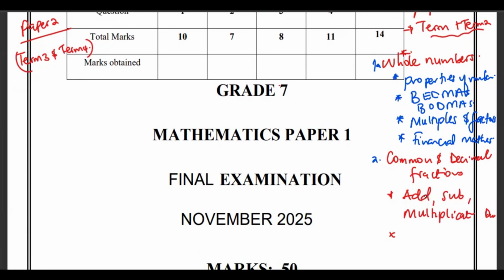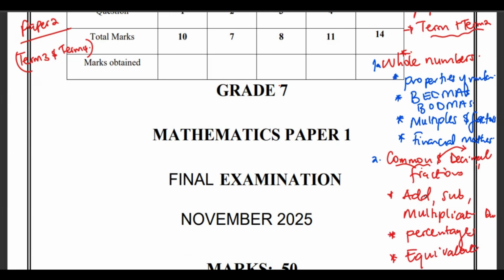You also need to know how to do the conversion, moving from a common fraction to a decimal, and from a decimal to a common fraction. We can also bring in percentages. Besides that, we also have the equivalent forms, equivalent fractions, meaning fractions that are equal in value but have different numbers.